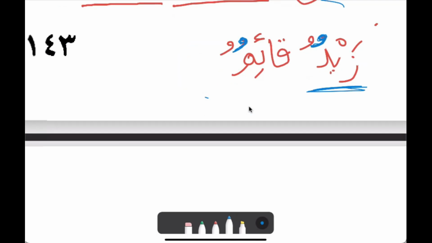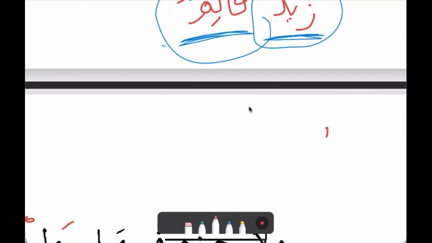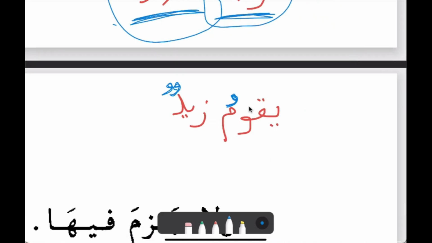What if we say yaqumu Zaydun? Yaqumu Zaydun. Now, this yaqumu, that's a verb. That's fi'lun mudari', marfu'. It is the present/future tense verb, and it is in a state of rafa'.